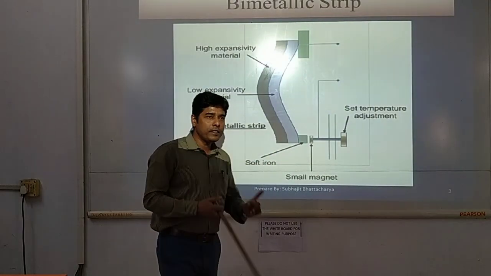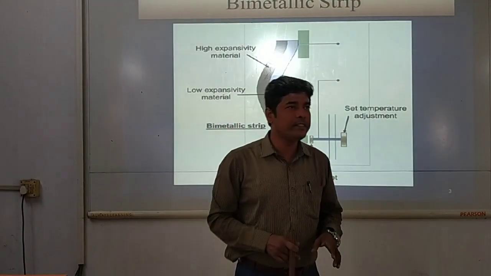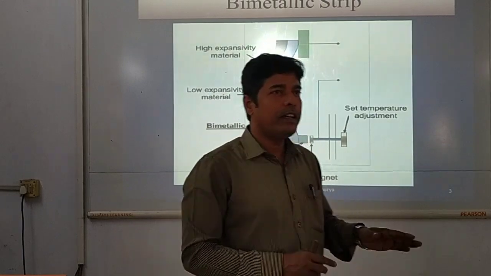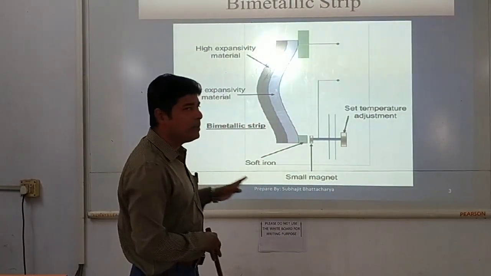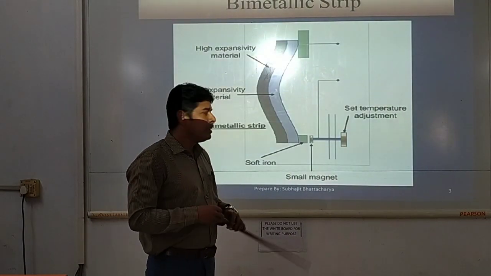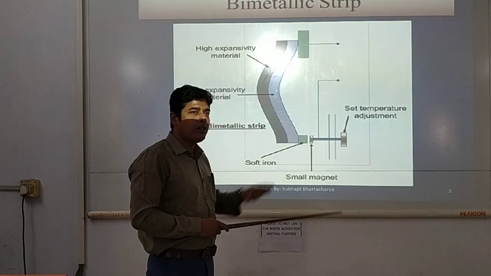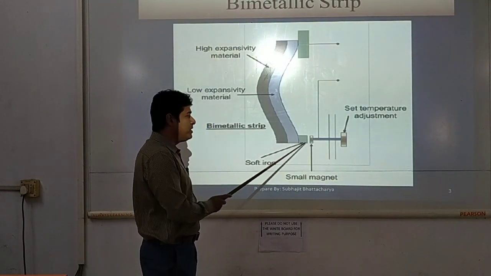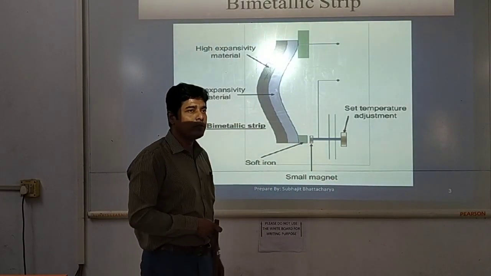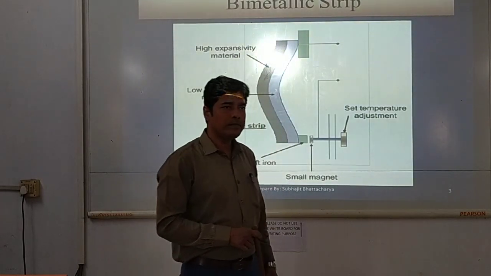We are intentionally providing some hysteresis, so that at some lower temperature the contact will be broken. This contact will be open, say at 5 or 10 degrees lower, according to our design and the strength of this small magnet and soft iron. Are you getting the point? Yes. Very good.